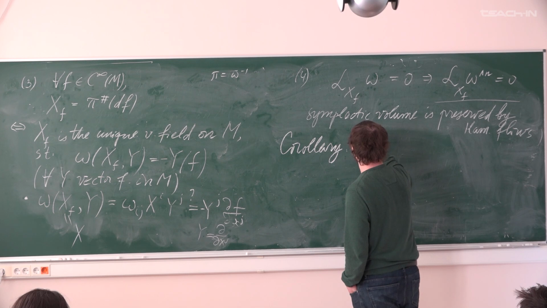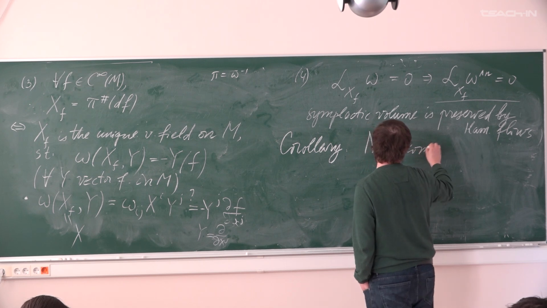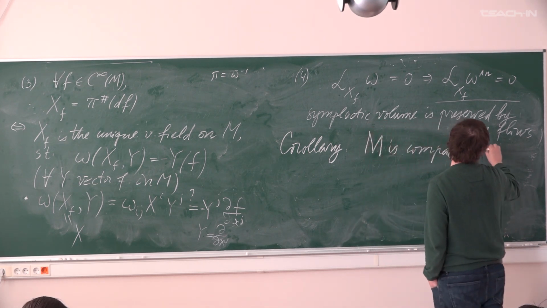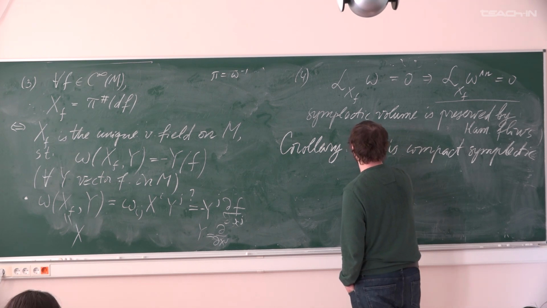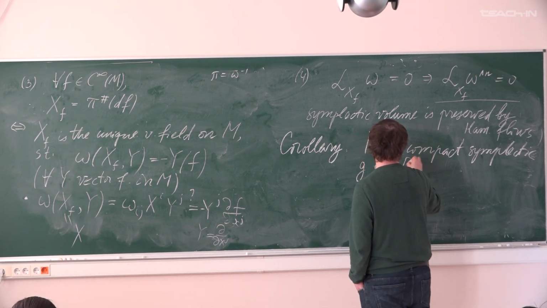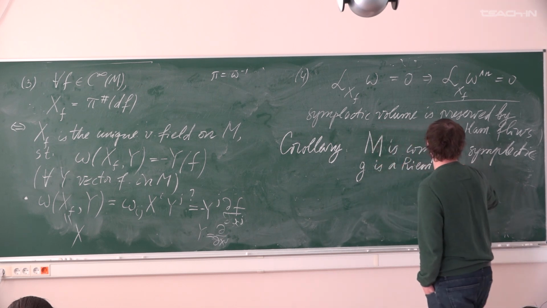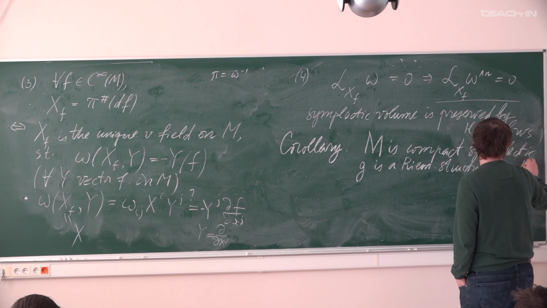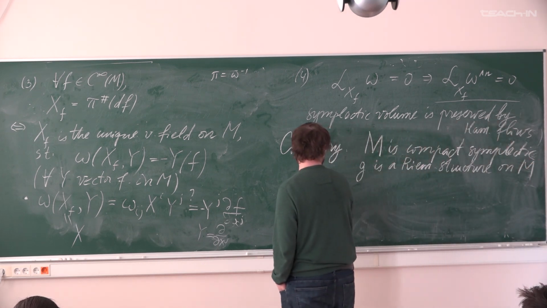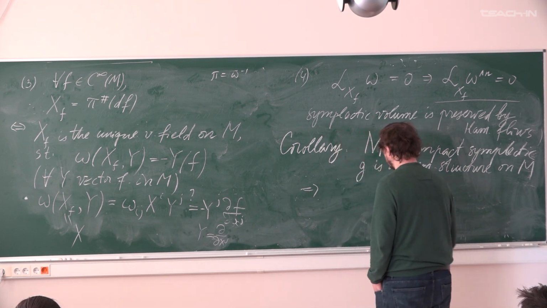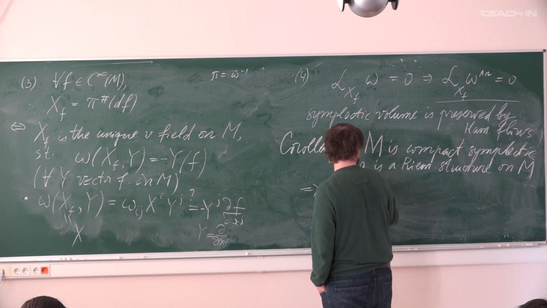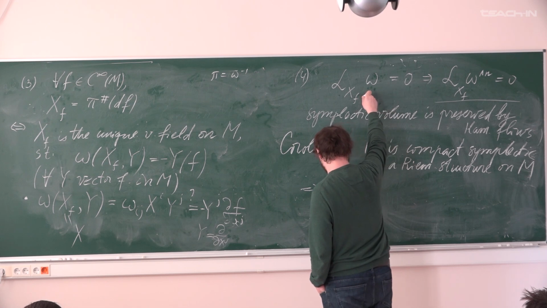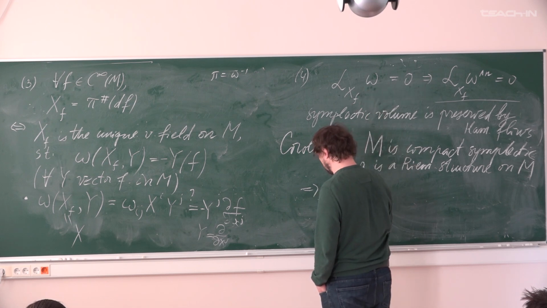If M is a compact symplectic manifold, and suppose we have some Riemannian structure on M. Then for every function f, we can define both the Hamilton field associated with f and also the gradient field associated with f.